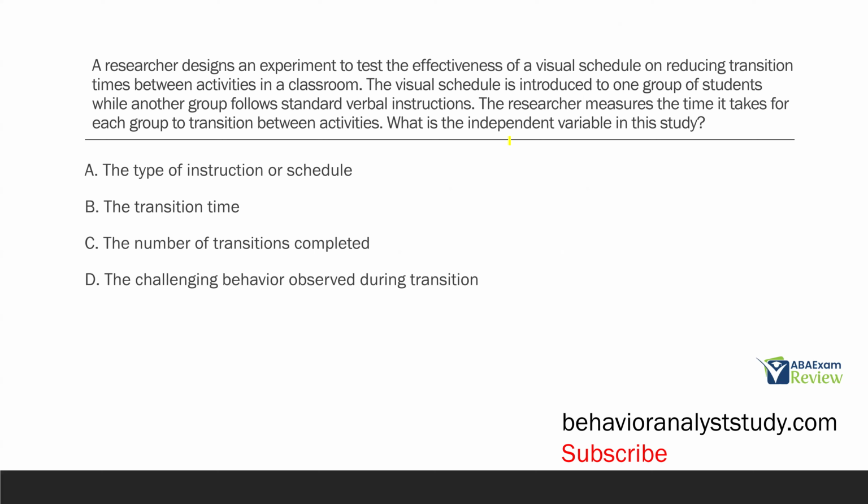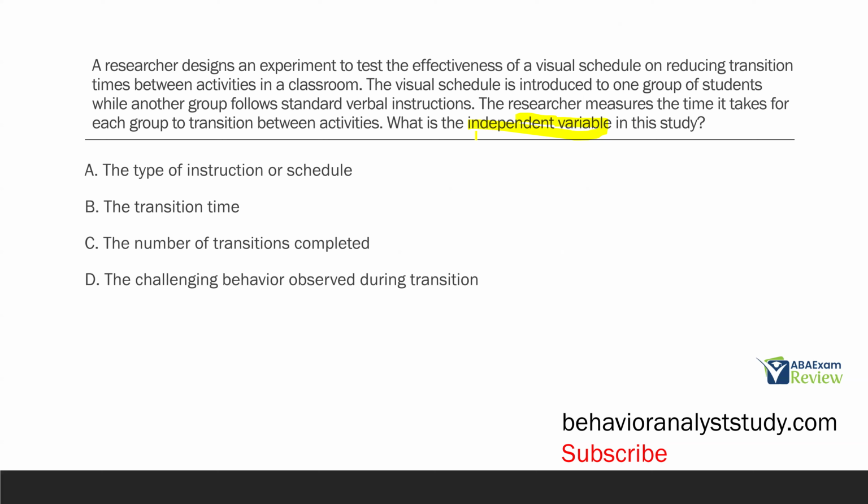Our primary concerns are the independent and dependent variable. The independent variable is whatever you introduce, whatever you manipulate. If you introduce an extinction procedure, that is your independent variable. The dependent variable is what you're measuring. How is your independent variable affecting the dependent variable?